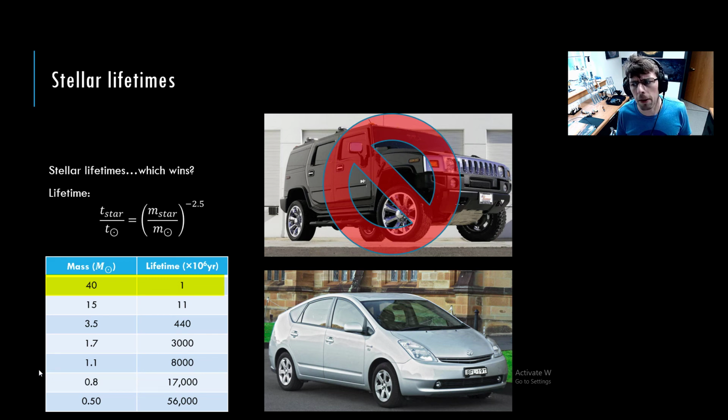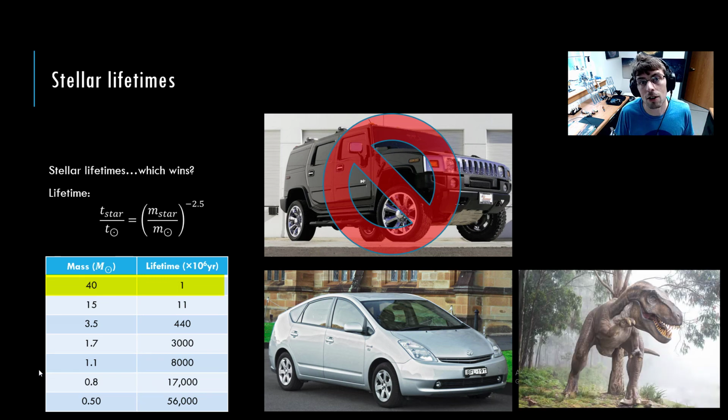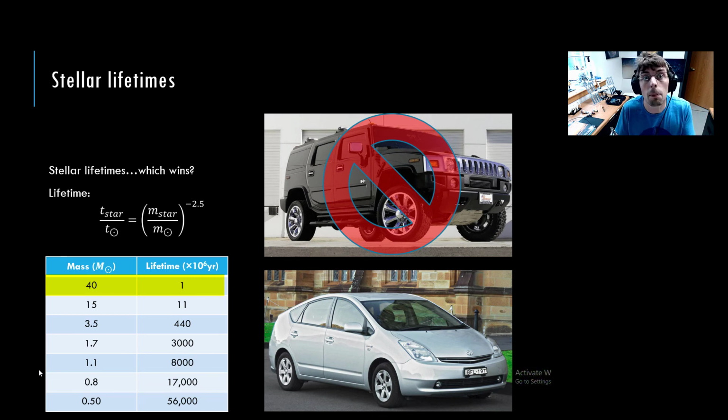Bear in mind, 60 million years ago, dinosaurs were walking the earth. So a star that's 40 solar masses has formed and already burned out in the last 1 million years. It's like a blink of an eye in terms of the scale of the universe. But we could go the other way too.